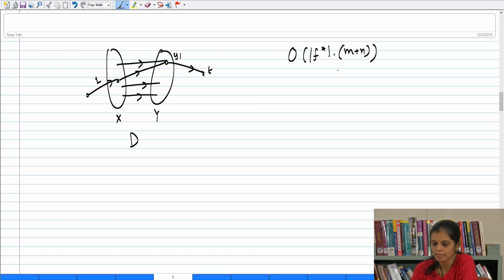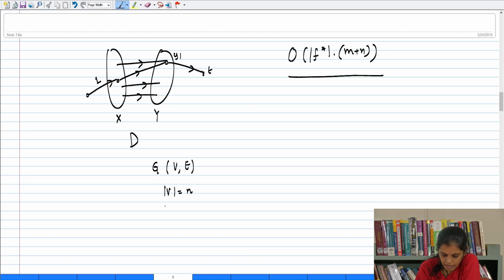Here m is the number of edges in the flow network, n is the number of vertices in the flow network, and we should relate all of these back to the bipartite graph. To make the distinction clear, we will say that G(V, E), which is a bipartite graph, has V equal to n, E equal to m, and we will call the flow network V prime, E prime.